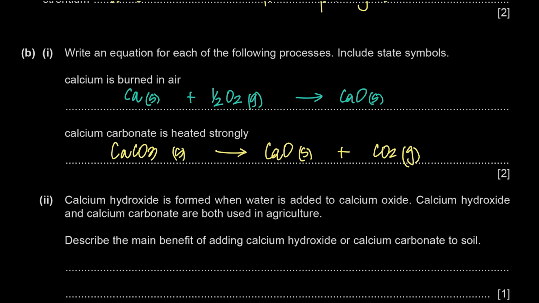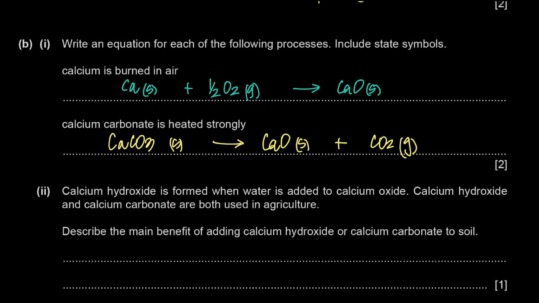Then it says here, calcium hydroxide is formed when you add calcium oxide to water. Calcium hydroxide, which is aqueous, and calcium carbonate are both used in agriculture. And why? Because these are alkaline. So the benefit is they lower the acidity in soils, which is like increasing the pH.